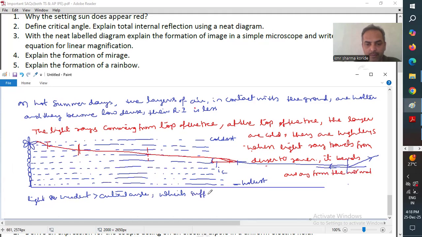Therefore, it bends and goes back into the same denser medium.